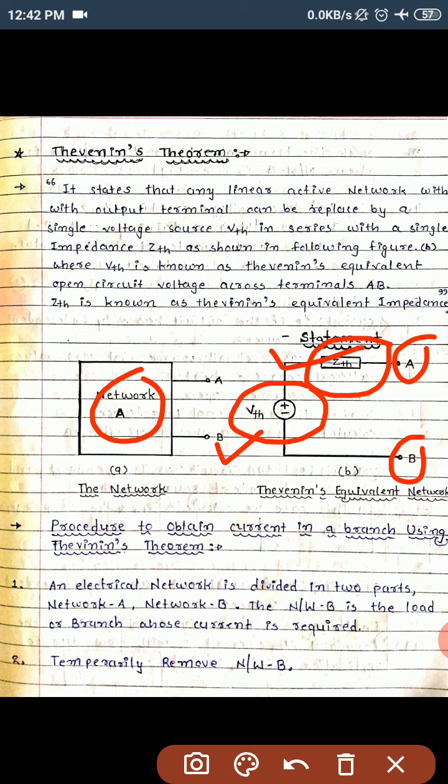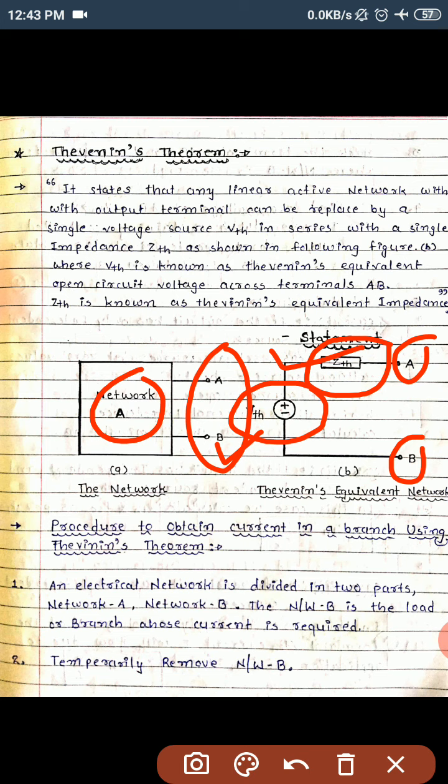Our first step: an electrical network is divided into two parts, network A and network B. The network B is the load. Here we can clearly see that the load is connected between A and B, so we can say it's network B. So network A and network B are separated. The network B is the load or branch whose current is required.